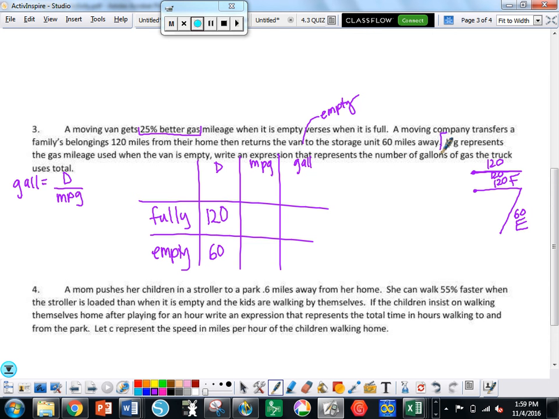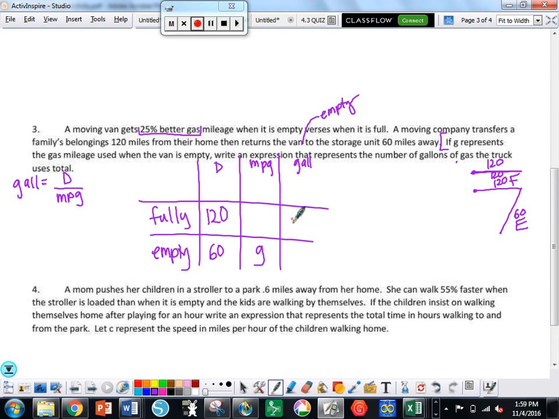Here's the key. If G represents the gas mileage used when the van is empty, write an expression that represents the number of gallons of gas the truck uses. Now, this is when it's empty. Is my gas mileage improved or decreased when it's empty? If it was fully loaded, my gas mileage would be worse, right?